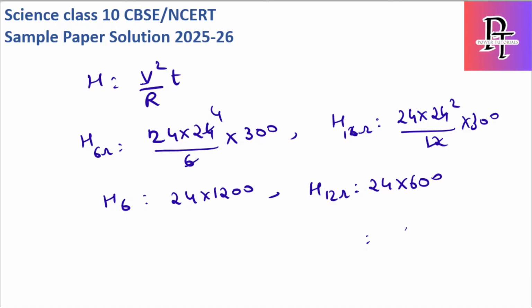24 into 600: 6 4s are 24, 2 6s are 12, which gives 14,400 joules. So definitely the first will be double of it, which is 28,800 joules. That is the heat across the 6 ohm resistor and the heat across the 12 ohm resistor.